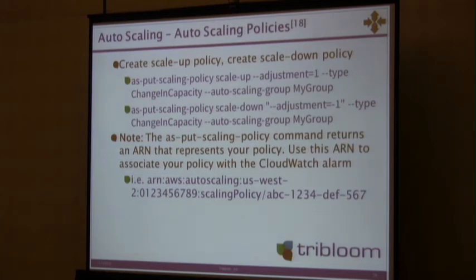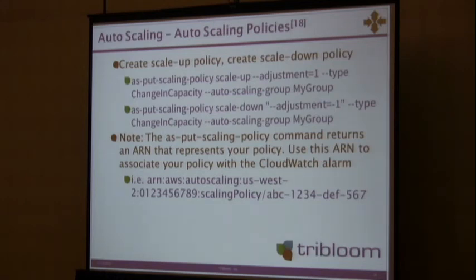So then we need to create our policies. Again, this is the scaling up and scaling down policy. Pretty straightforward. We'll use the AS put scaling policy command, give it a name, in this case scale up and scale down. Our adjustment will be in number of servers, because we're saying the type is a change in capacity rather than a percentage.